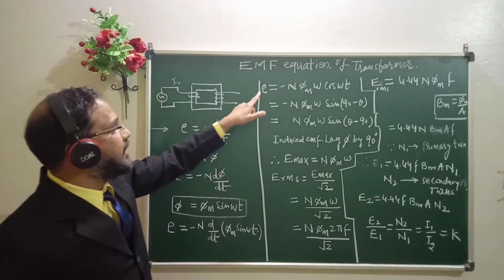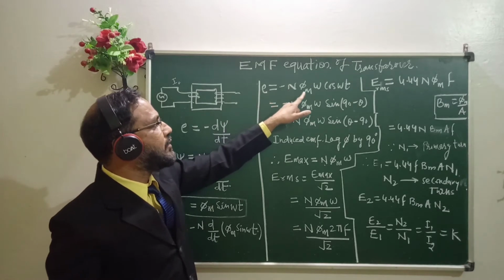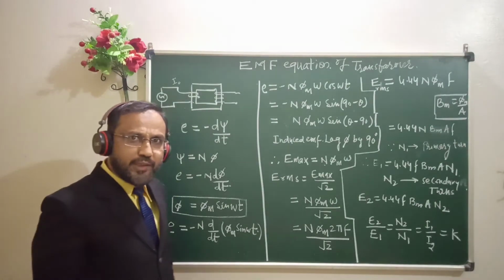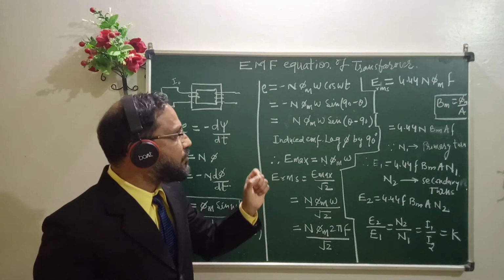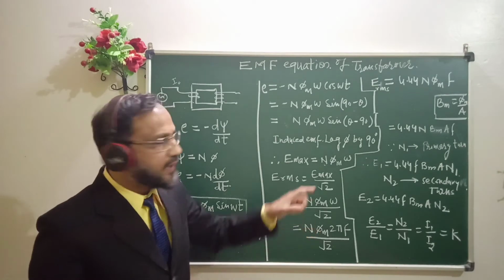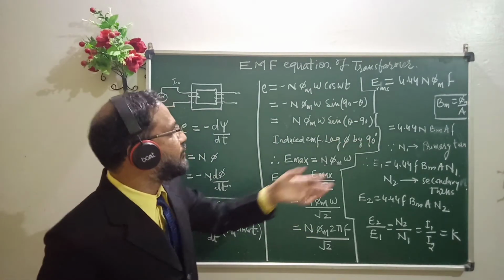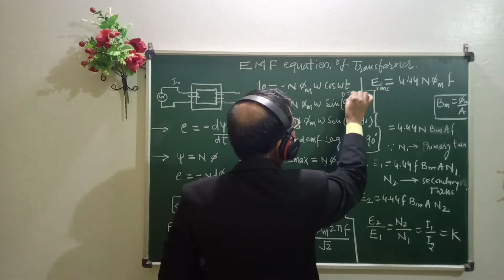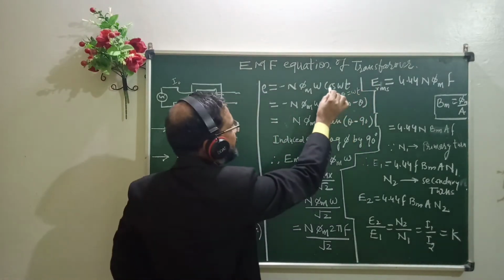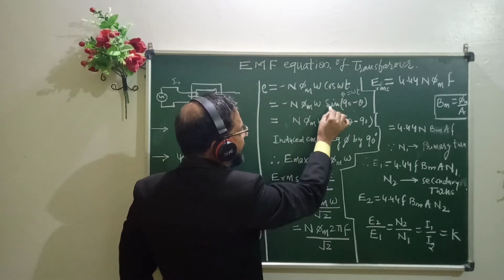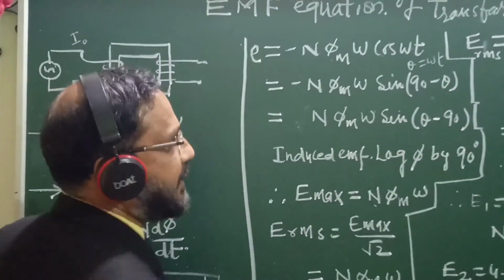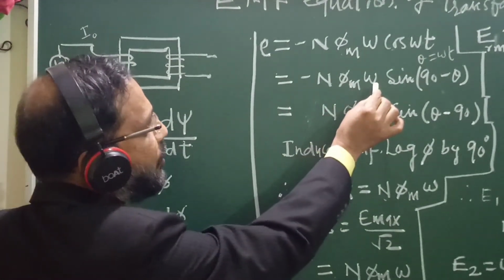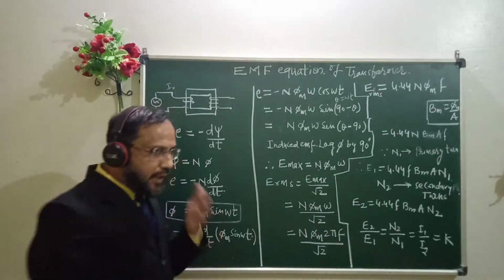So E equal to minus N phi m omega cos omega t. It is well known to us that cos theta equals sin of 90 minus theta, where theta equals omega t. So this cos theta we can write as sin of 90 minus theta, and the equation becomes minus N phi m omega sin of 90 minus theta.